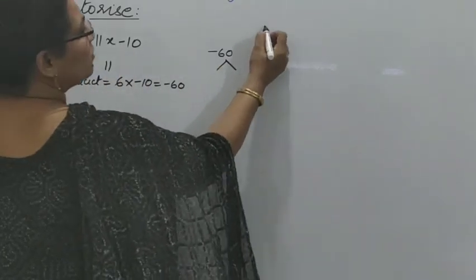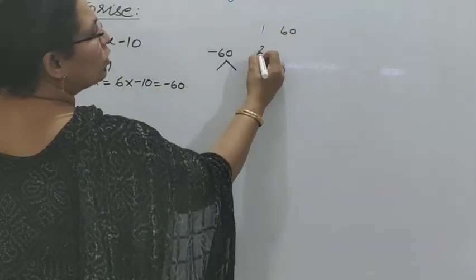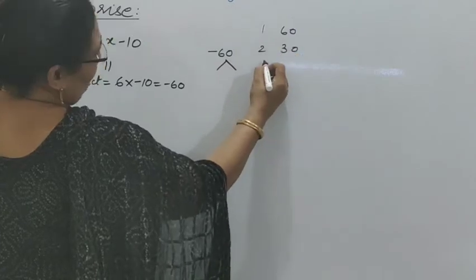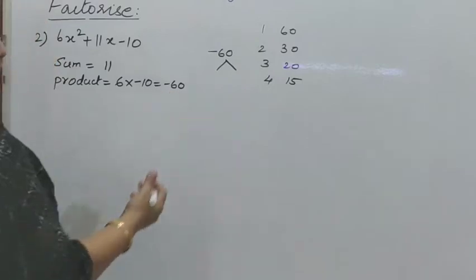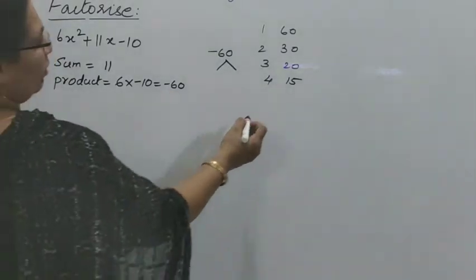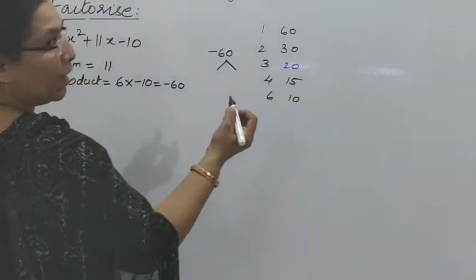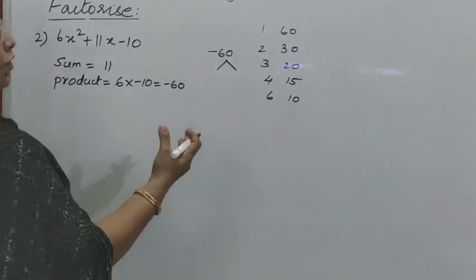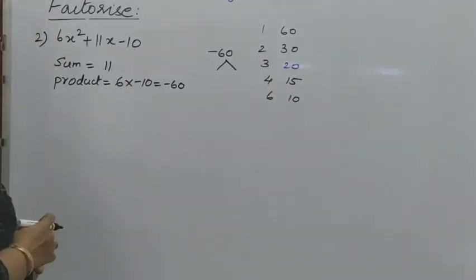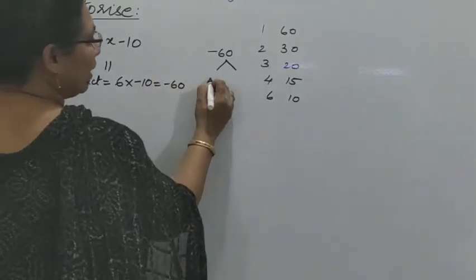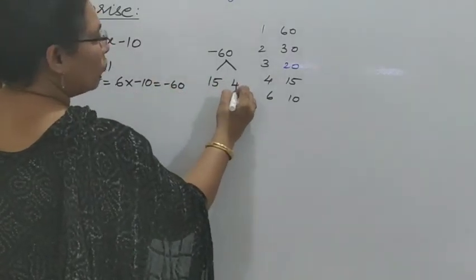You know the factors, for example 1 and 60, 2 and 30, then 3 and 20, 4 and 15, and 6 and 10 also possible. Among these pairs, the one that gives 11 is 4 and 15 only, so we are writing 15 and 4.